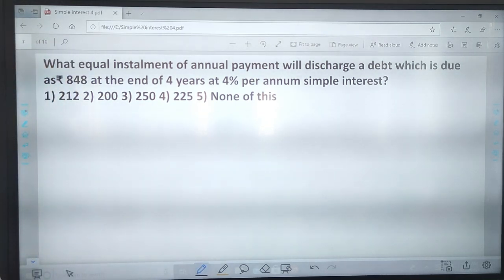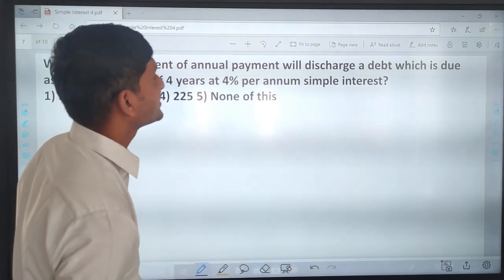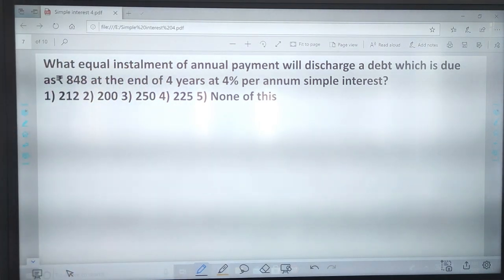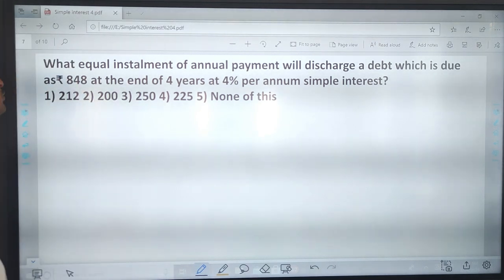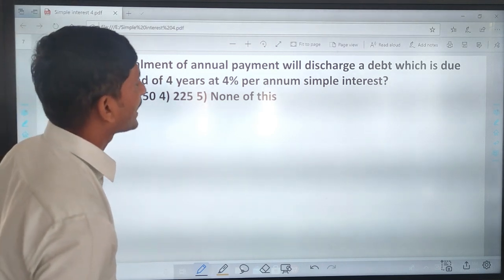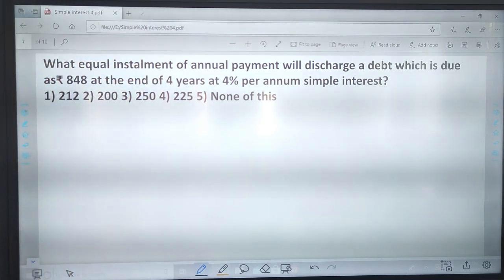What equal installment of annual payment will discharge a debt which is due as 848 at the end of 4 years at 4% per annum simple interest?